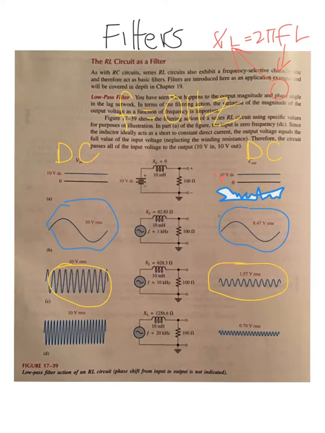It starts at 10 volts peak to peak, but ends up at 1.37 volts, causing it to shrink. Now, is the signal actually gone here? No, it's actually still flowing. It's just significantly smaller, okay?